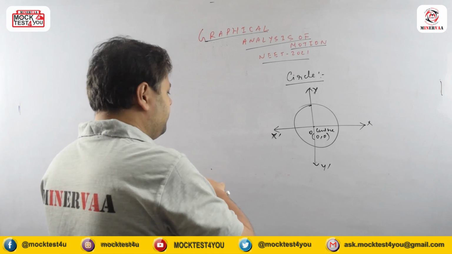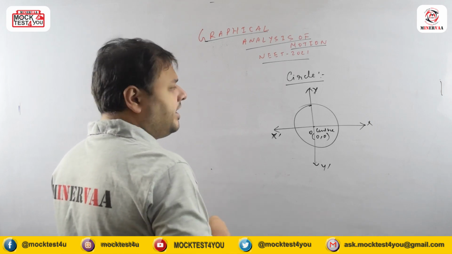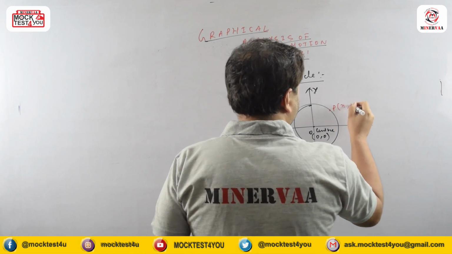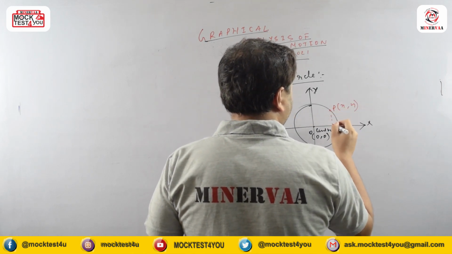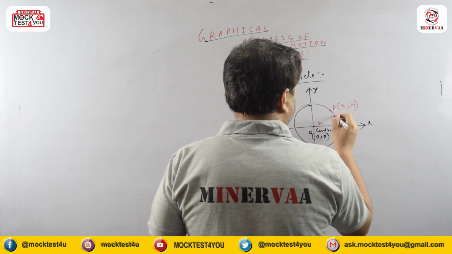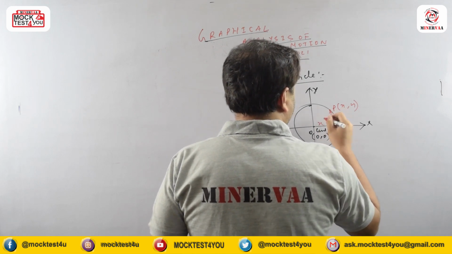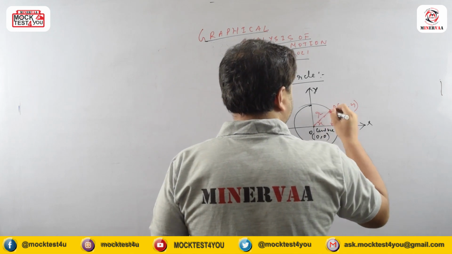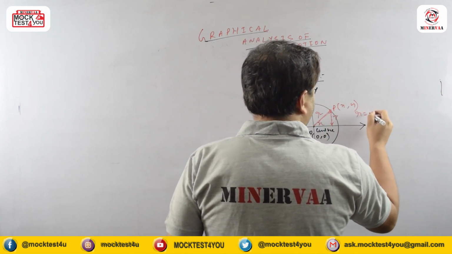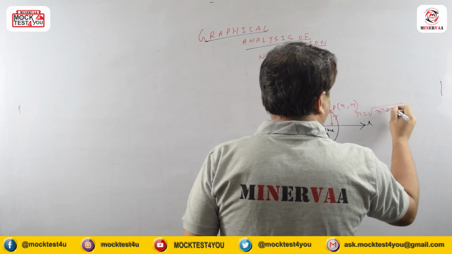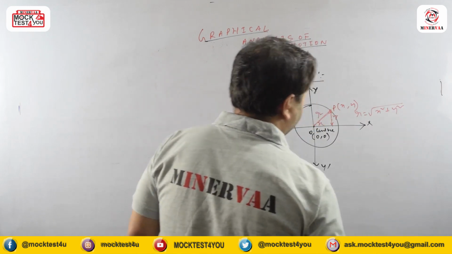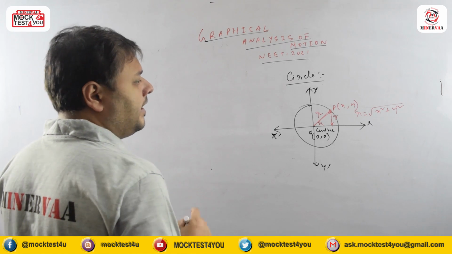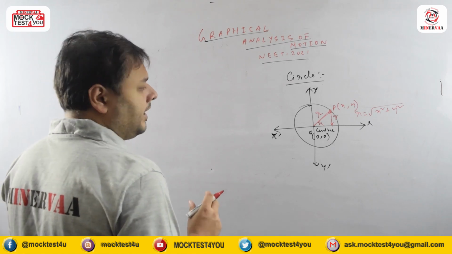For this kind of circle, let's concentrate on a point on its circumference, let it be P, whose coordinate is (x, y). So this must be x and this must be y. If we connect the radius, definitely this is r. So r has to be root over x square plus y square.